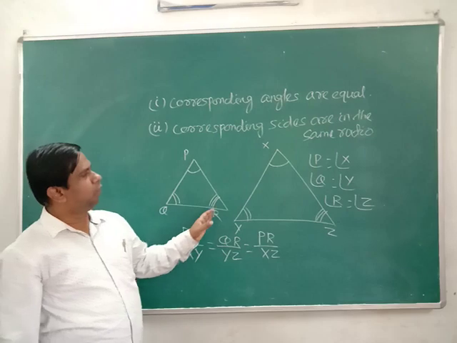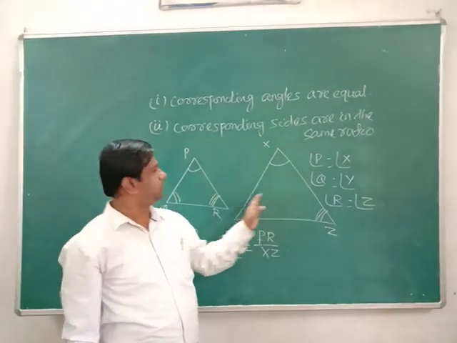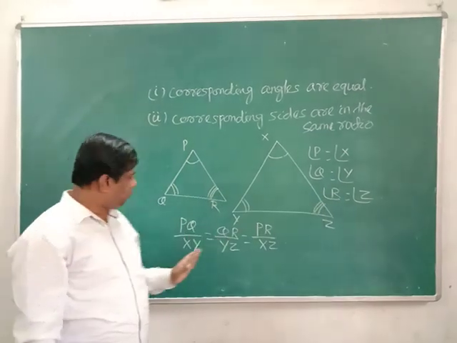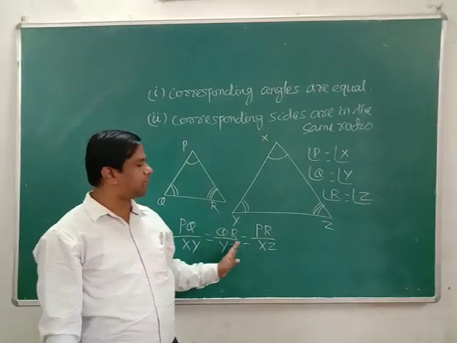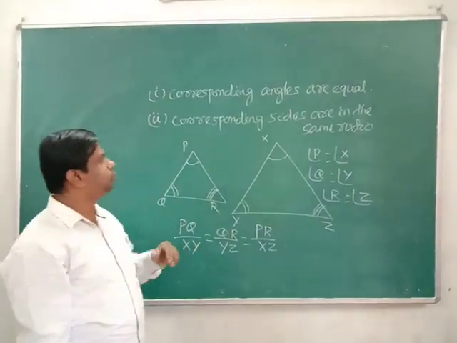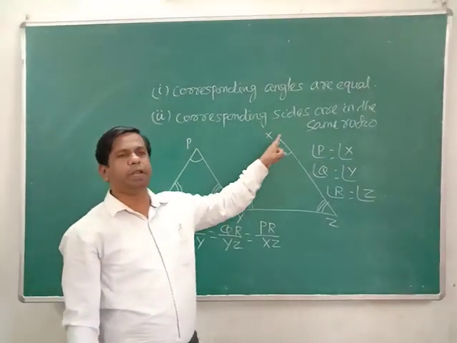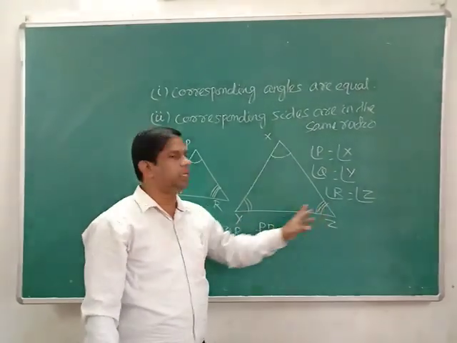So in these two triangles, all the corresponding angles are equal and also all the corresponding sides are in the same ratio. That means we can say that triangle PQR is similar to triangle XYZ.